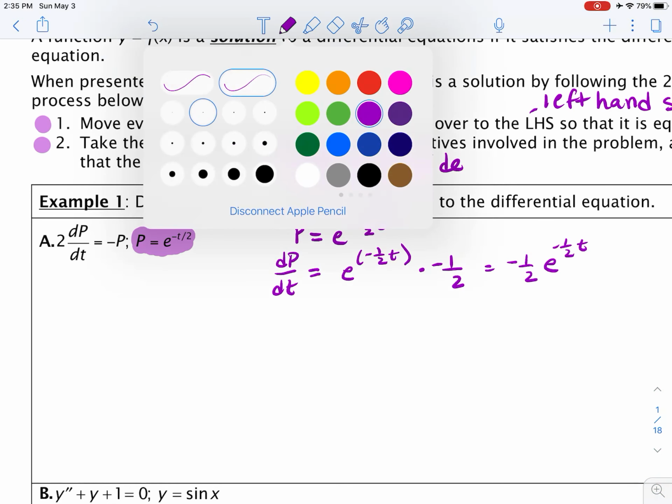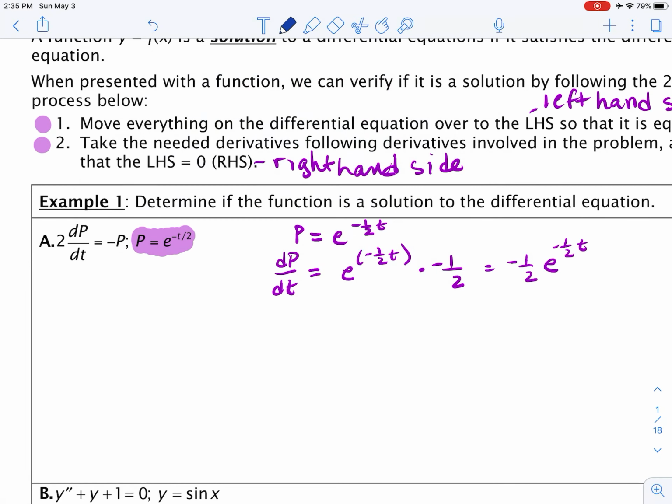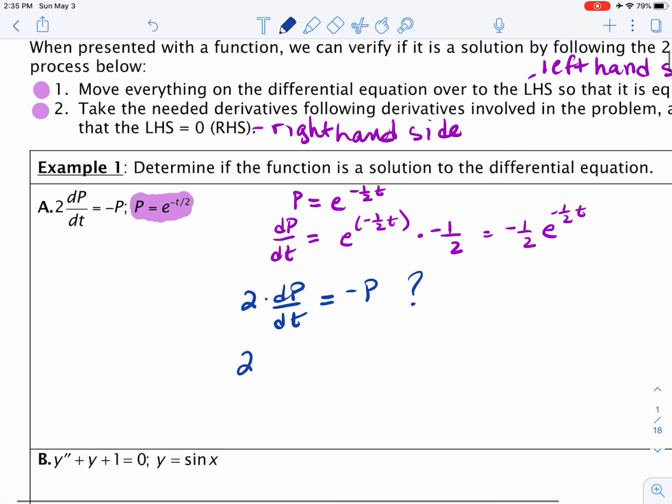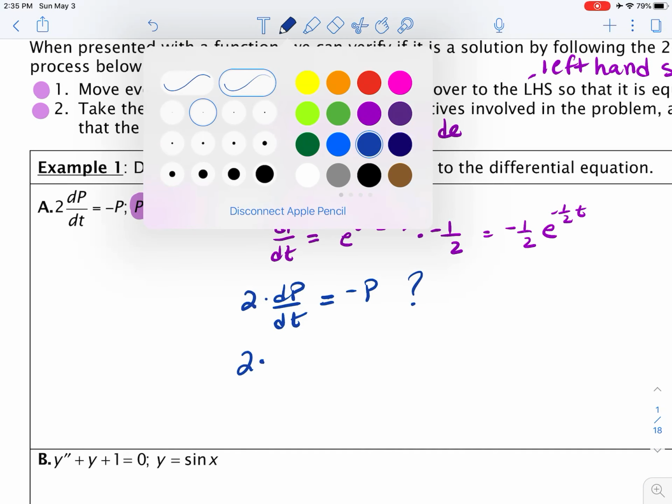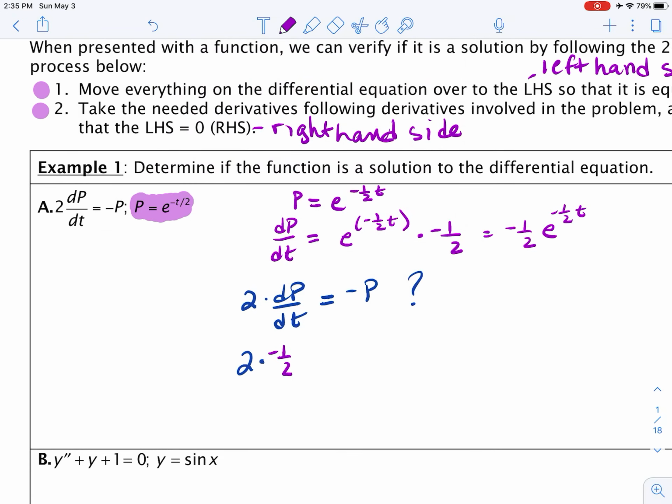Next, we take a look at our equation, and we ask, does 2 dp/dt equal negative p? We substitute our values in. I'm going to substitute dp/dt, which is negative 1/2 times e to the minus 1/2 t.